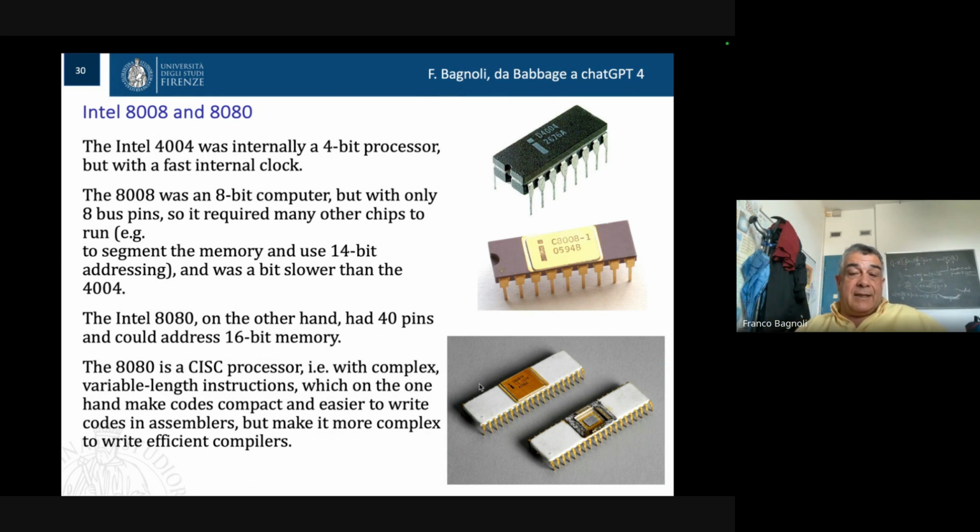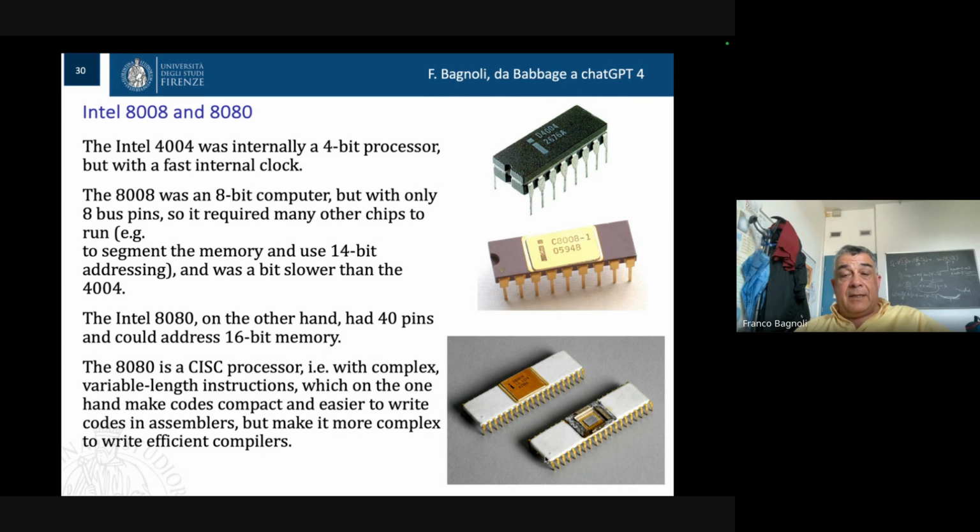But the problem is that each instruction can have a variable number of arguments. So maybe one instruction only consumes one word, others 2 words, 3 words, more words, and so on.